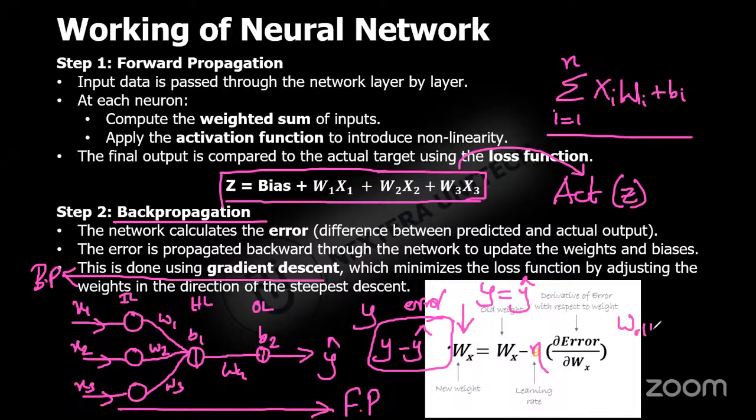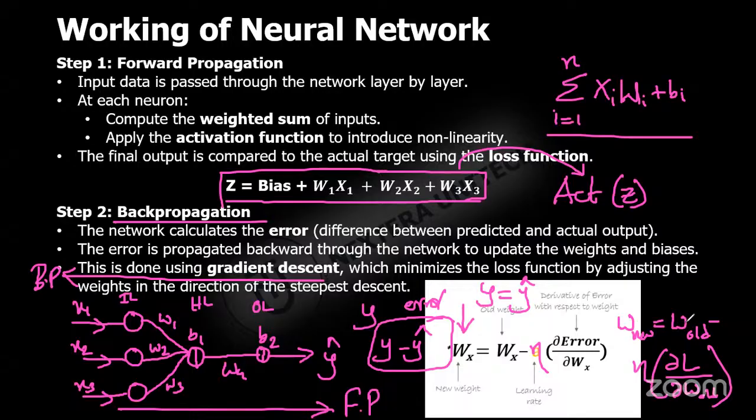W new is equal to W old minus eta multiplied by the derivative of loss divided by the derivative of old weight.